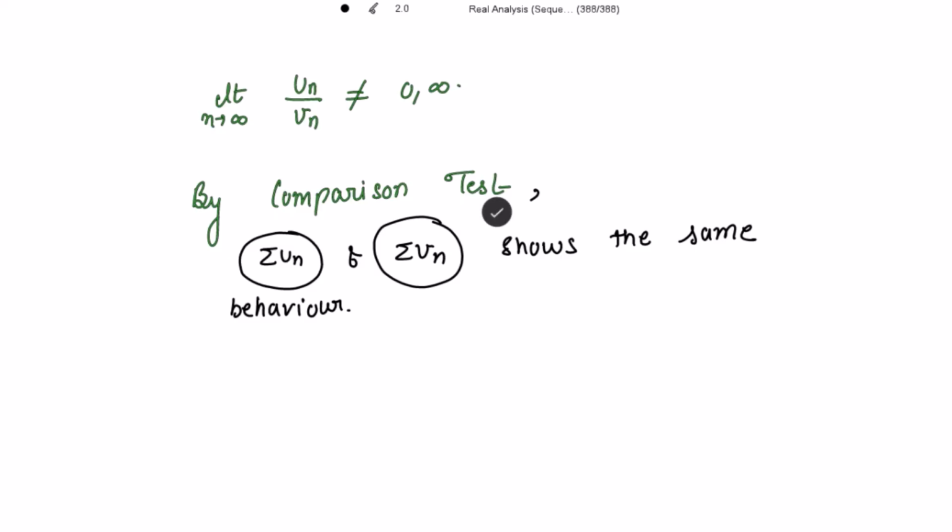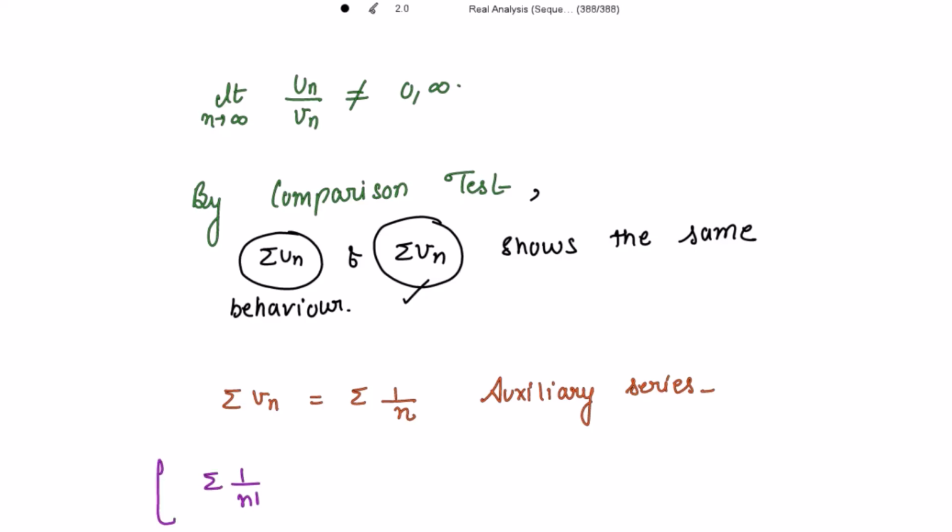Let's check the behavior of the series summation Vn. What is summation Vn? It is the summation of 1 divided by n. Because this is your auxiliary series. What is an auxiliary series? It is a series of the form summation of 1 divided by n to the power p.